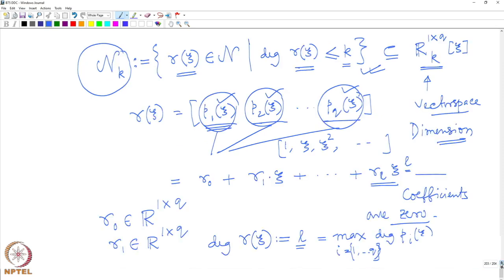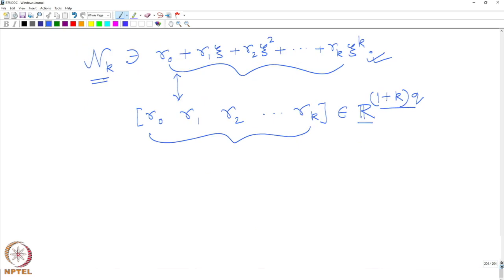Now, what we saw in the last lecture was that such a vector R belongs to this Nk if and only if R as this row vector belongs to the left kernel of the kth Hankel matrix produced from the data.